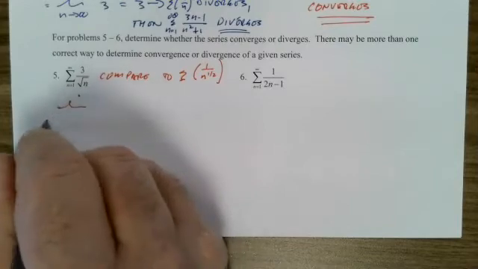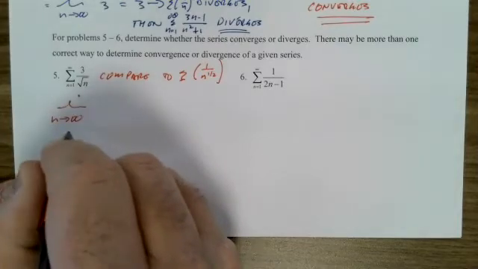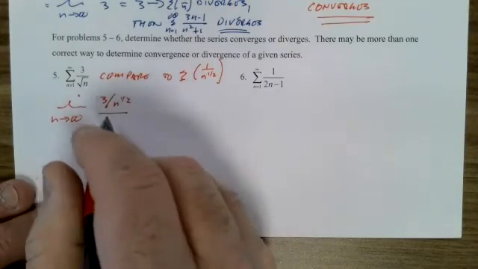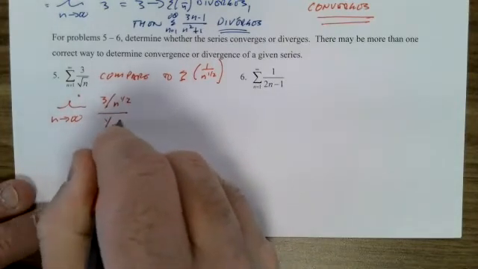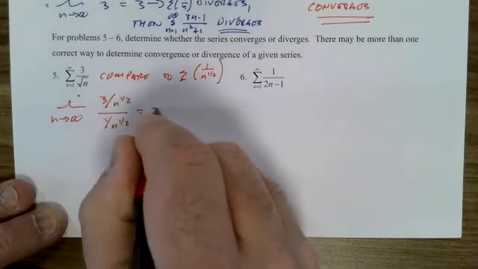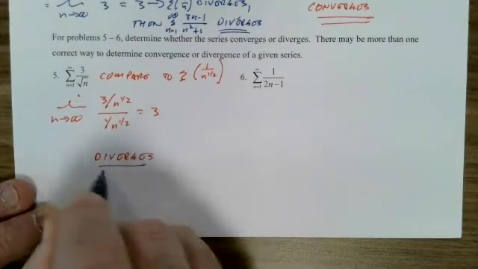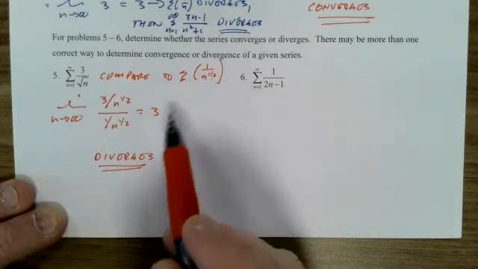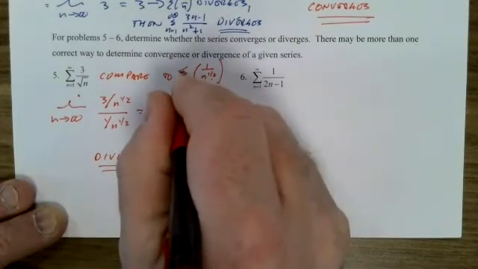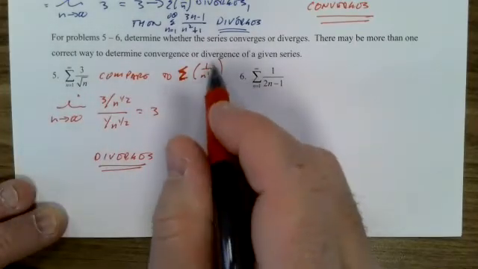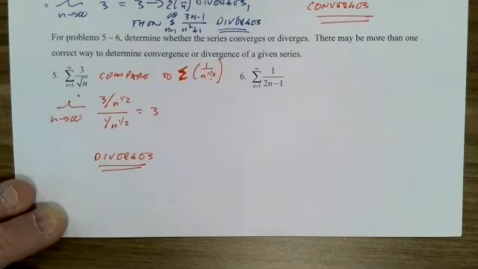Limit as n goes to infinity, 3 over n to the 1/2 over 1 over n to the 1/2 equals 3, diverges. Many of you will ask, how do we prove that? You can make the assumption that we know that one diverges. It's clean. It doesn't have a bunch of variables on there, so you're good to go with that.